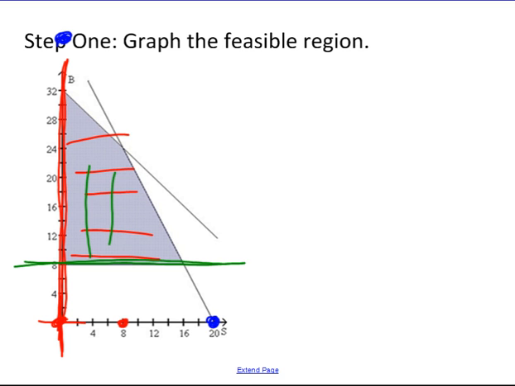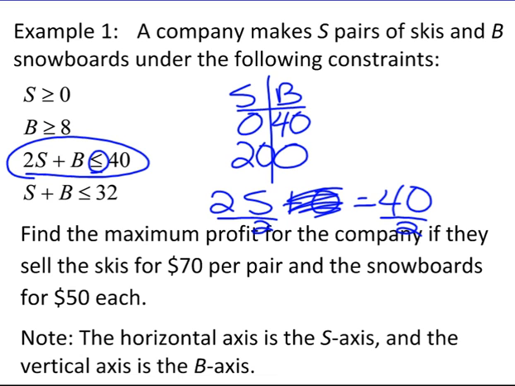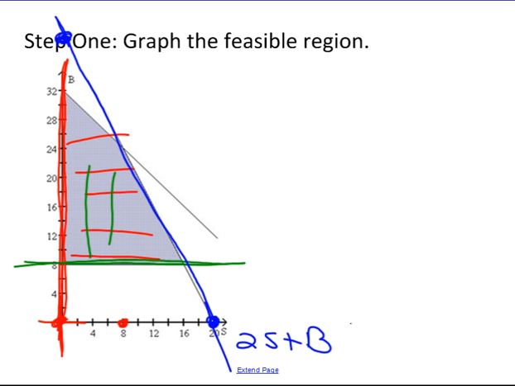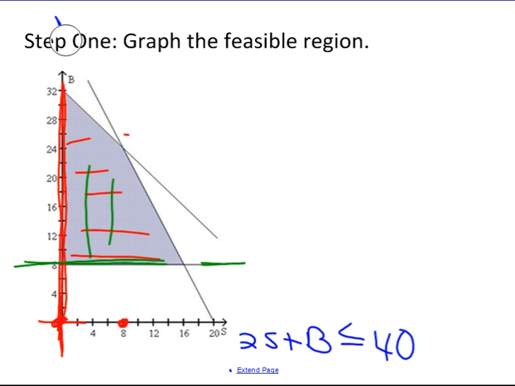So when I draw that line right there, this was my 2S plus B less than or equal to 40. That was this line right here.